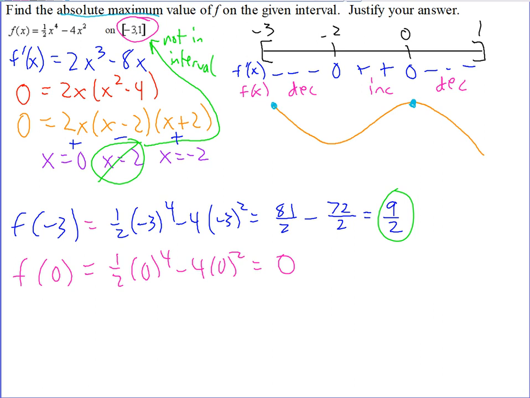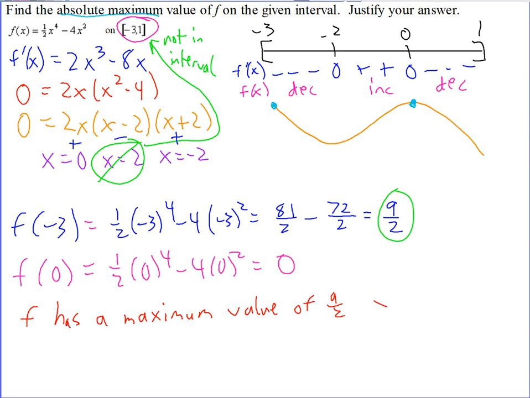So you can say absolute maximum or just maximum either way. Okay, maximum value of 9 halves. And it's good to specify where that occurs so you can justify it.